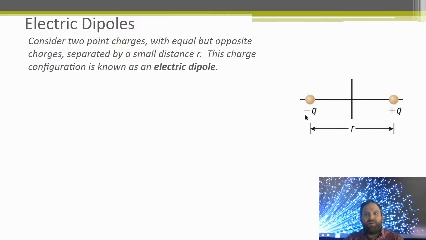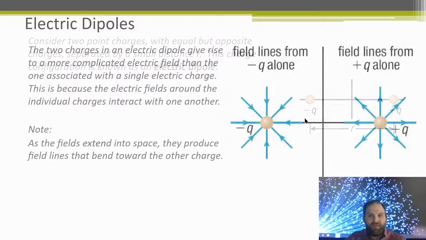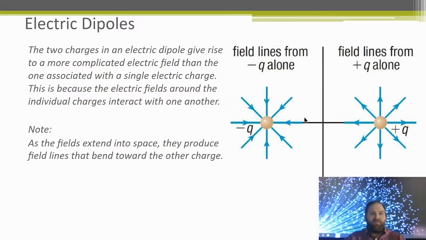They're going to be attracted to each other, these two charges, but they're also going to have electric field lines. If we draw the electric field lines for the negative, we point towards the charge, and for the positive, away from the charge.